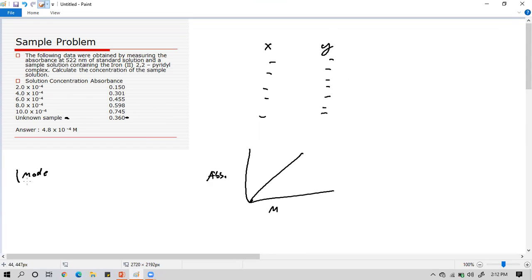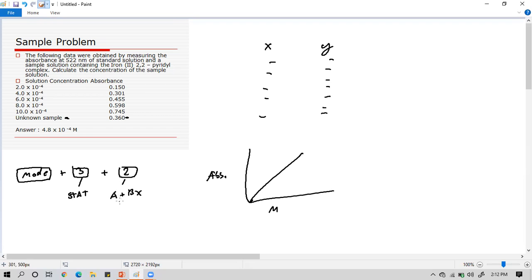Click yung mode natin, okay? Plus, press 3. Kasi ito ay stat. Ayan. And then after that, i-click ninyo yung 2, that is A plus BX.